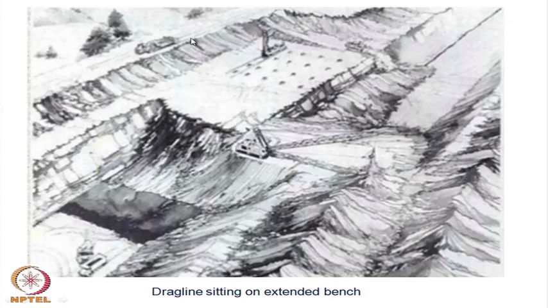Now, here is another bench, which can be excavated by pre-benching, or this dragline can be placed over here and can throw this material also away from here. You can see that this dragline at present is sitting on an extended bench. This bench has been created in the previous cut, so this material is now being taken up from here, and then it has thrown over here.